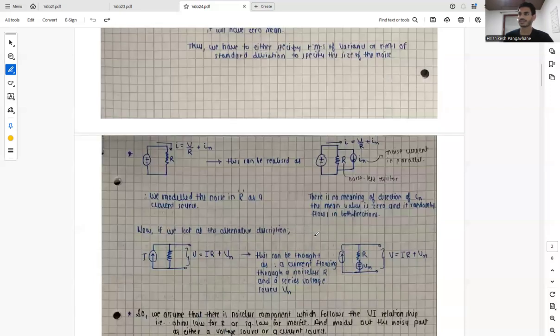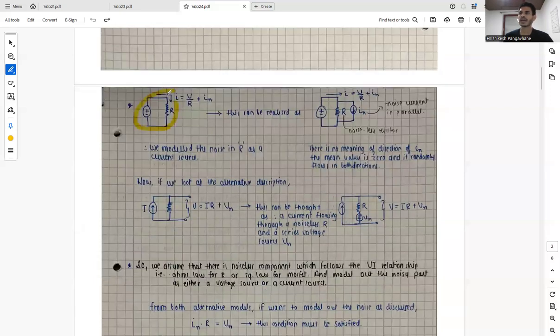So let's say we have a voltage across R, and we have current, which is V by R. And as we discussed, we have a minute noise variation, In.